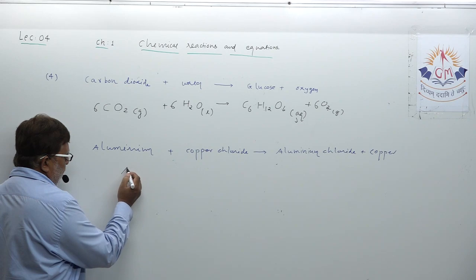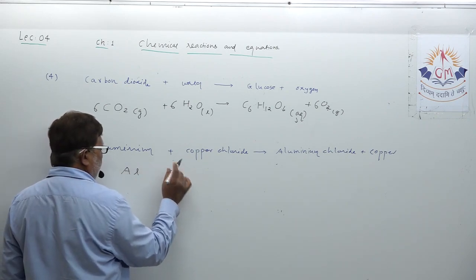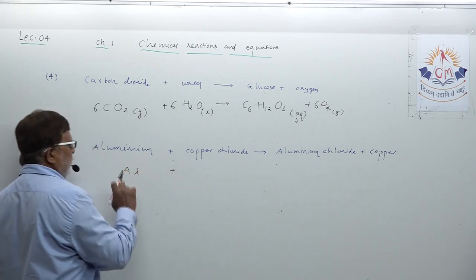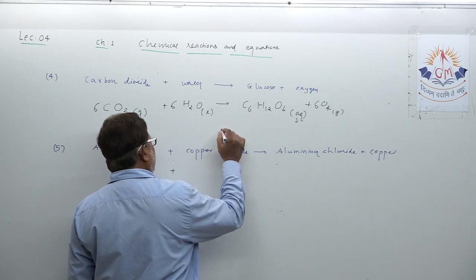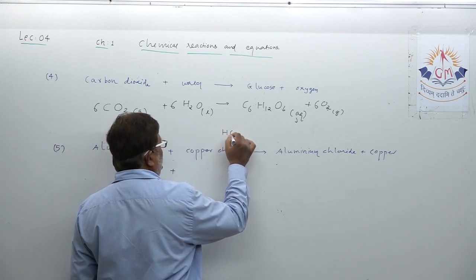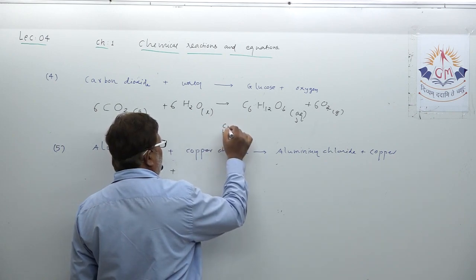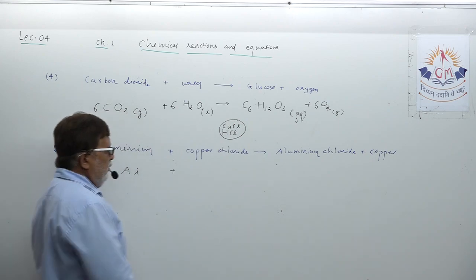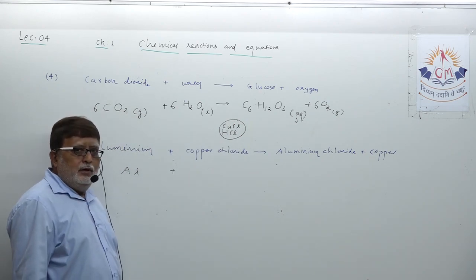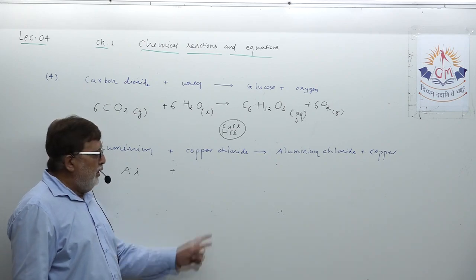Aluminium, you know the symbol Al. Copper chloride. Now, dear student has a confusion: sir, the formula of hydrogen chloride is HCl, then why is the formula of copper chloride not CuCl? No, dear student. This is the confusion I want to clear from your mind.